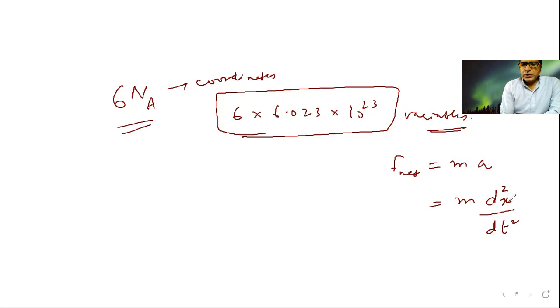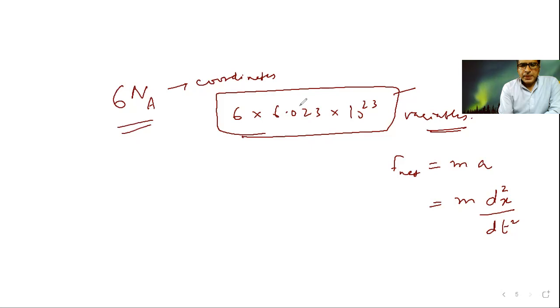So for each coordinate, I will have an equation and I will have to list this much number of equations. 50% of these equations will be for position and 50% for velocity.